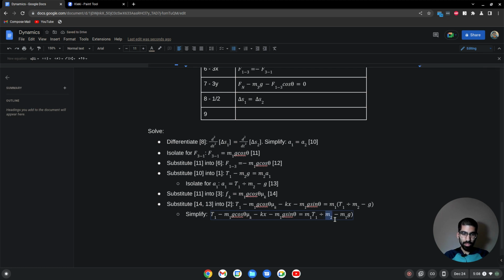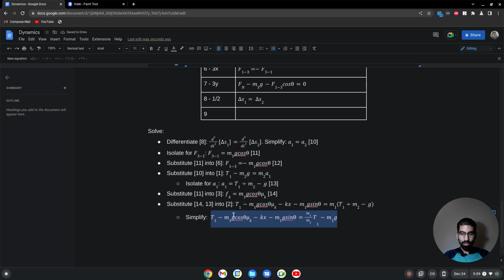I'm going to rewrite this as a fraction because we're going to need it soon. So we have m1 over m2 here. It's kind of like the coefficient in front of t1. All right, we have distributed.